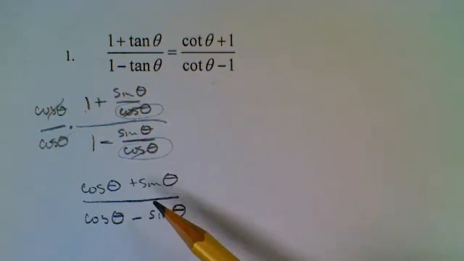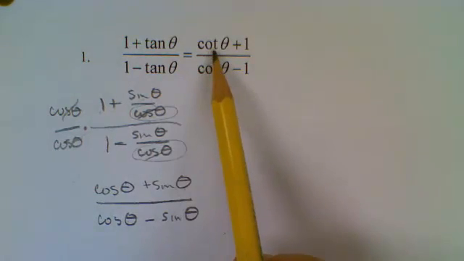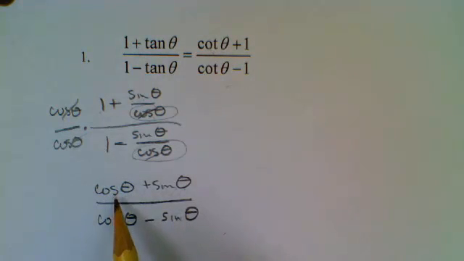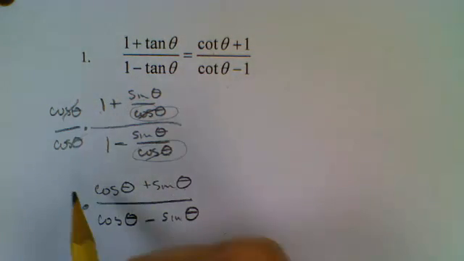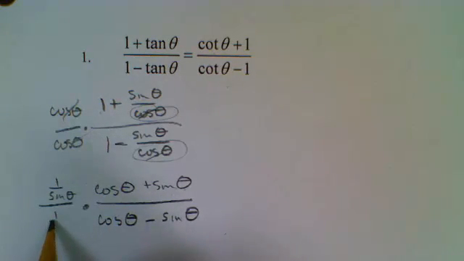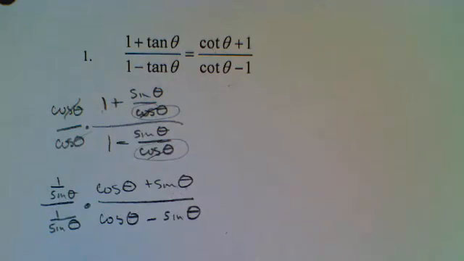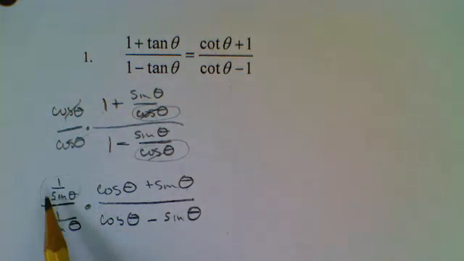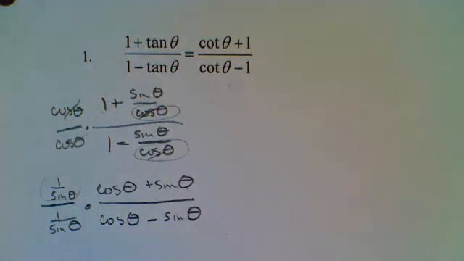So what I'm going to do, because I know where I'm trying to get to, I'm going to take this fraction again, and now I'm going to multiply by another form of 1. But it's going to be 1 over sine over itself. Again, I'm just multiplying by 1. It's a different form of 1. It's 1 over sine theta over itself.